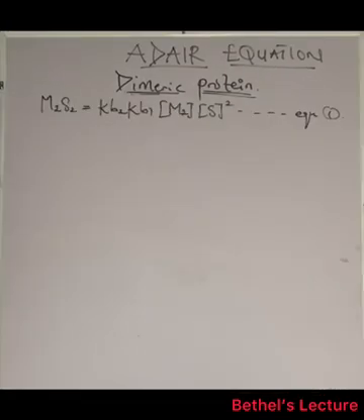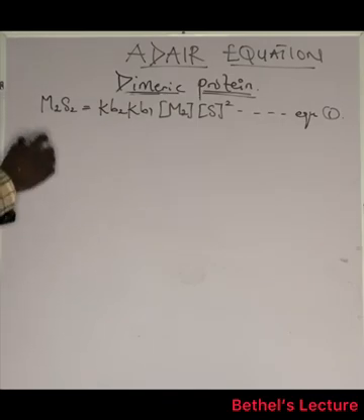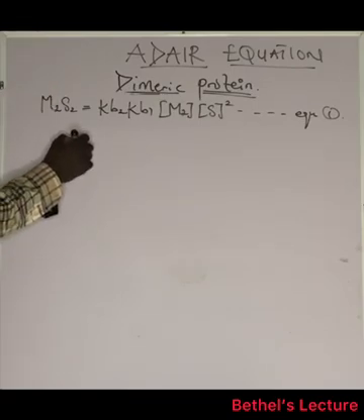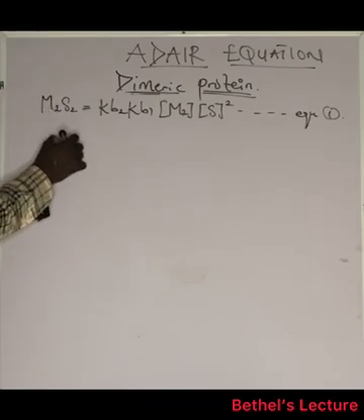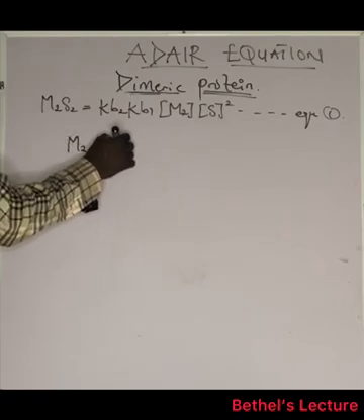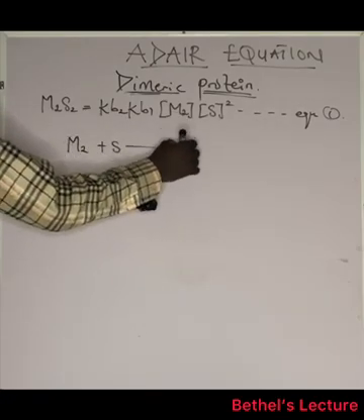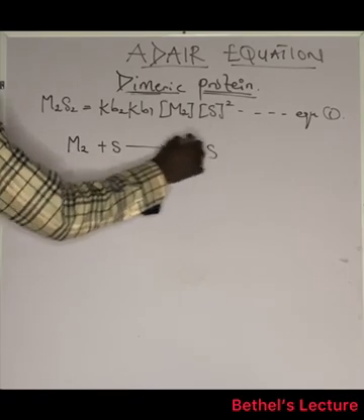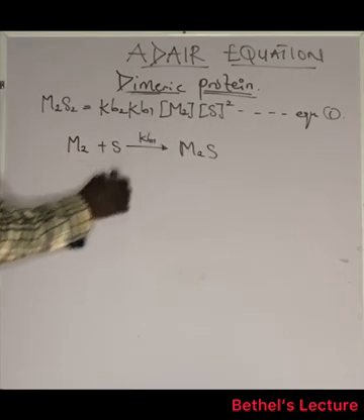Alright, the next thing we need to introduce is the concept of fractional saturation. Before we introduce that concept, let me write the initial equation we had before. M2 plus S gives M2S, and here was KB1.